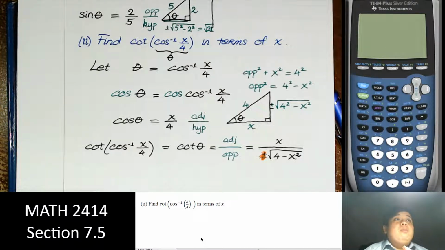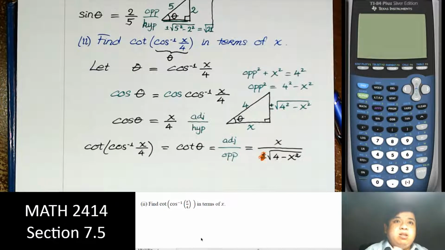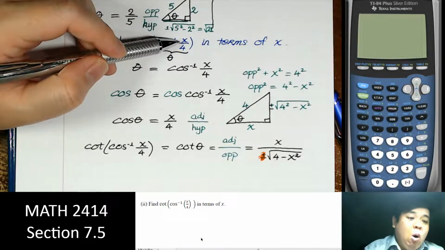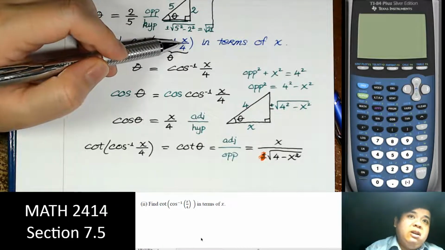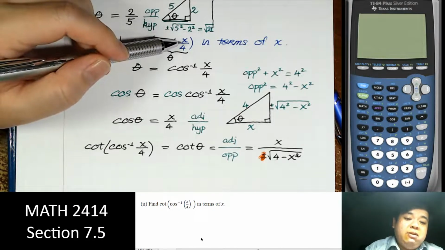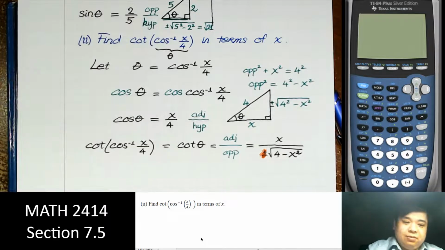Like I said, in most problems we don't have the plus or minus in the square root, because the plus or minus will take care of itself. The reason is the cosine inverse is negative only when x is negative. If x is negative, then we don't really have an extra negative here. So that's one. It's good.